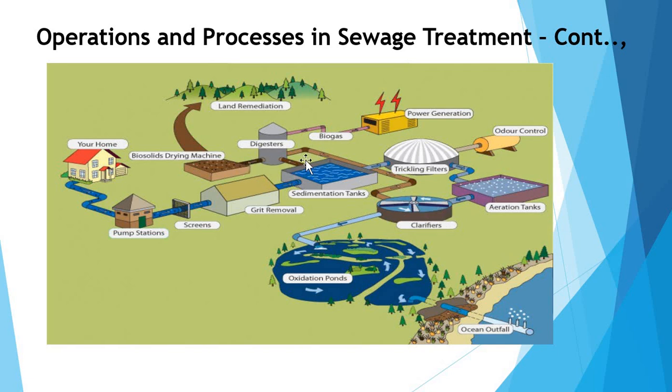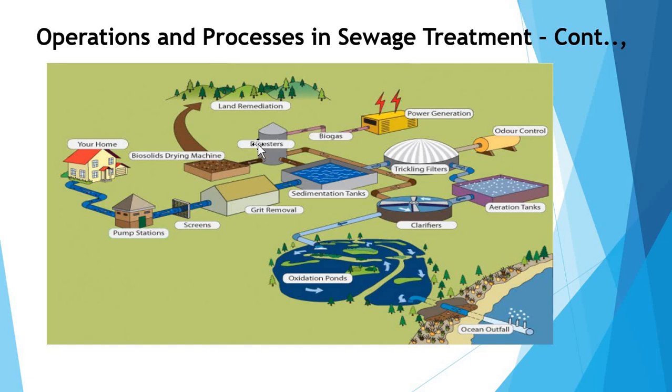All this sludge will be collected, and it enters the sludge digestion chamber, in which the sludge is given some treatment, thereby the sludge is dewatered and disinfected, and then it is dried. So the sludge now becomes fertilizer.